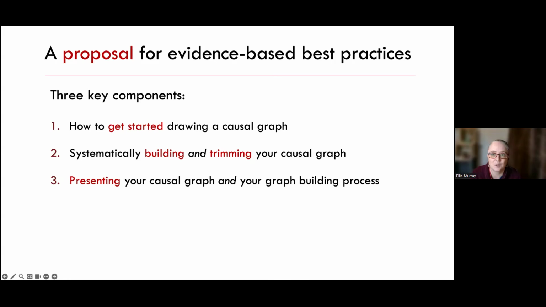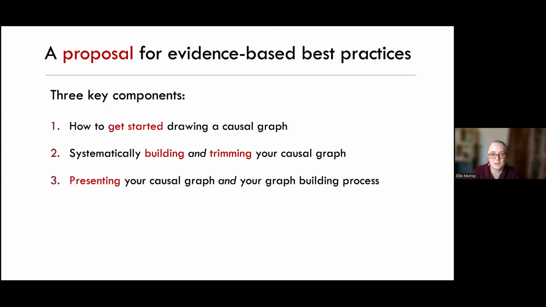In putting that together, there are three pieces that we've focused on. The first is how to get started drawing a causal graph. So you have your blank paper and your research question. Where do you start? The second piece is how to systematically build out and then trim down the causal graph once you've got the starting framework.